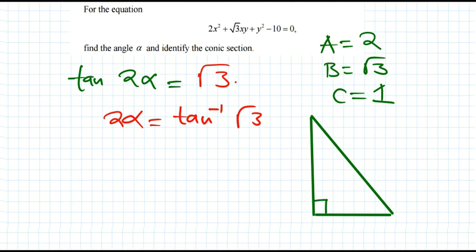From that triangle we've got the 30 and the 60. The 30, if you convert to radians, gives you what? Pi over 6. And then you also have pi over 3, which is your 60.